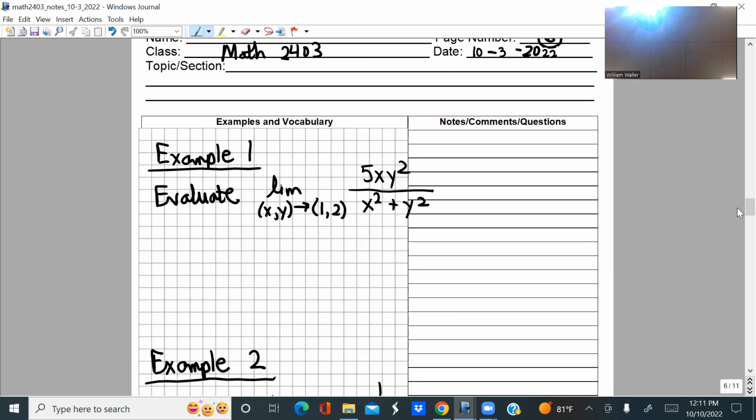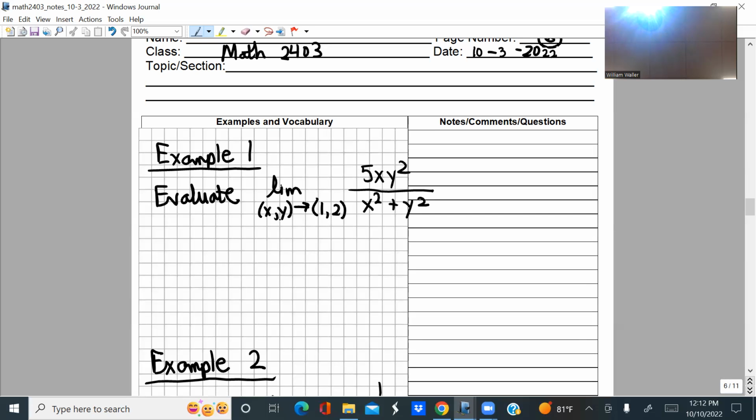We're interested in knowing just this limit. I'm not really testing continuity here of this function of two variables. I'm just seeing if I can calculate this limit.